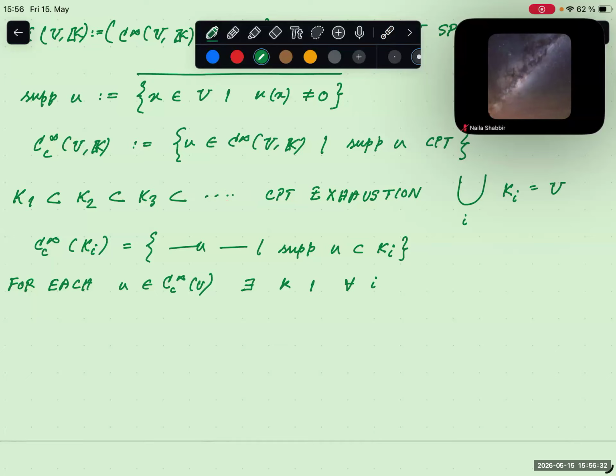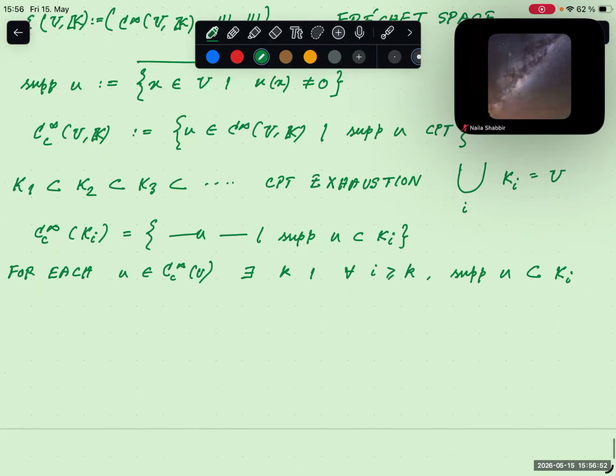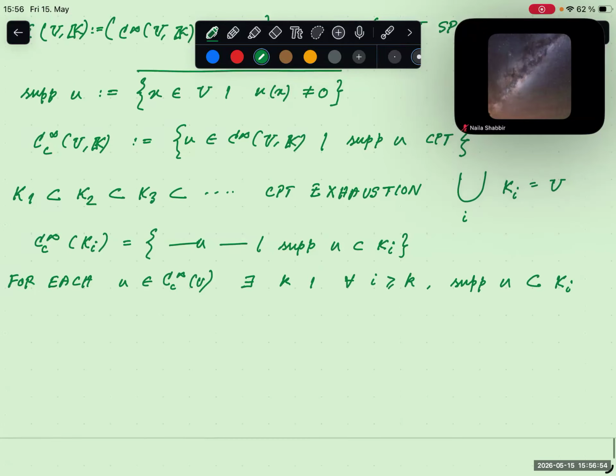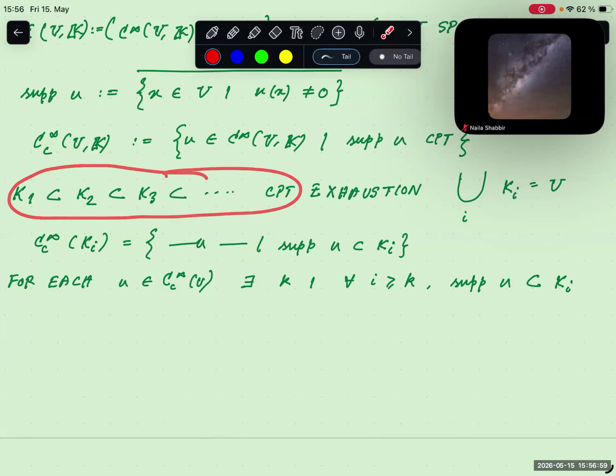Okay, greater equals to k, the function u has support in K_i. Okay, in other words, you can think like, okay, we have this structure for this set, and we want to imitate something also for the functional space over it.